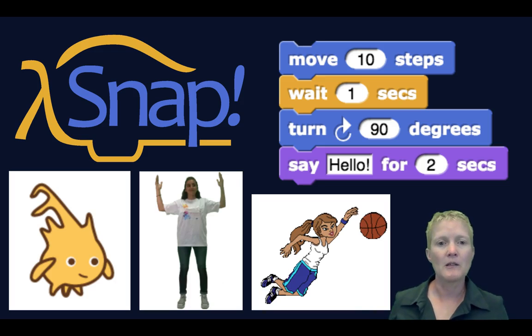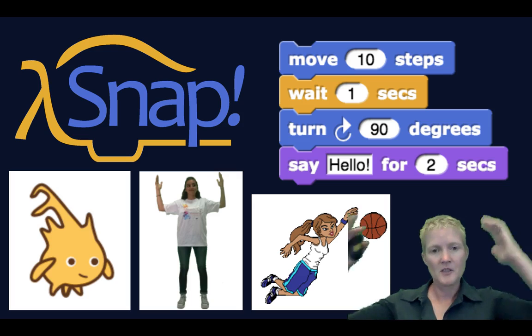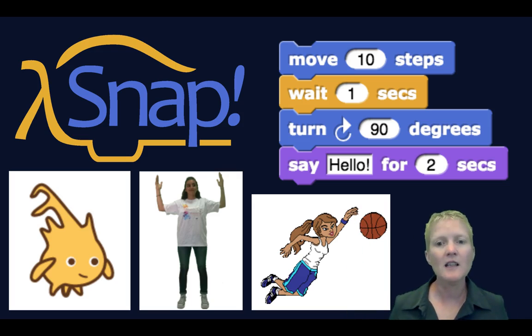So for example, we have a number of pictures of people in different sort of stances, so we can have them dancing. We have a girl playing basketball. There are many, many animals, etc. So there will be a lot of different sprites that we can use to make interesting programs of our own design.